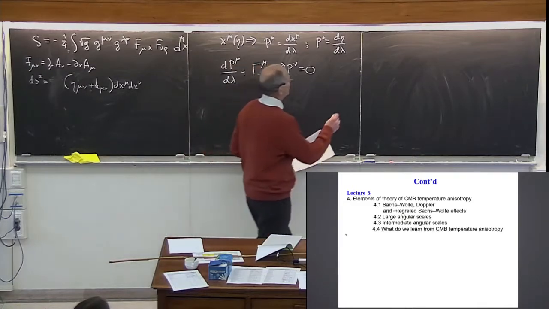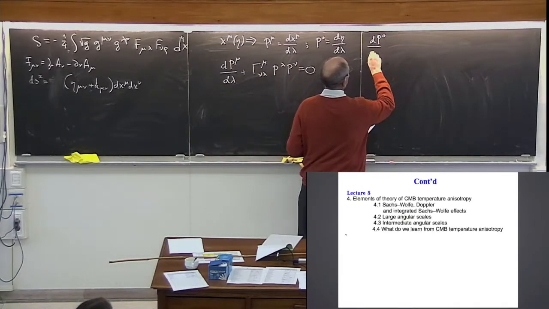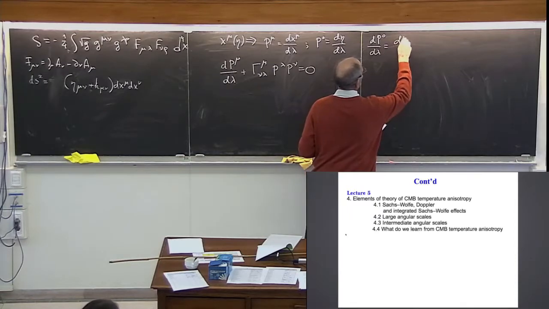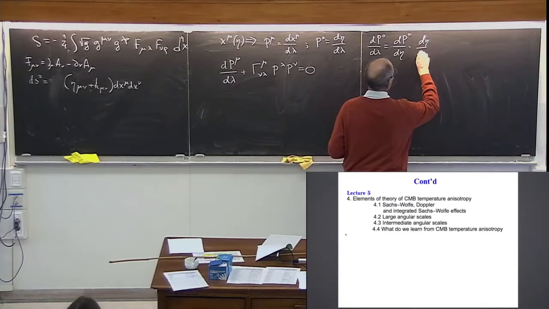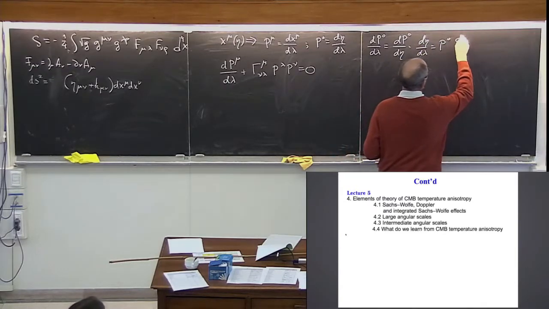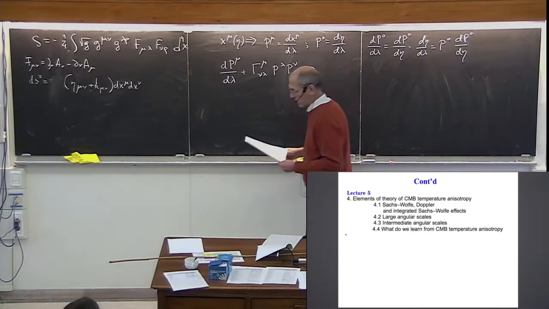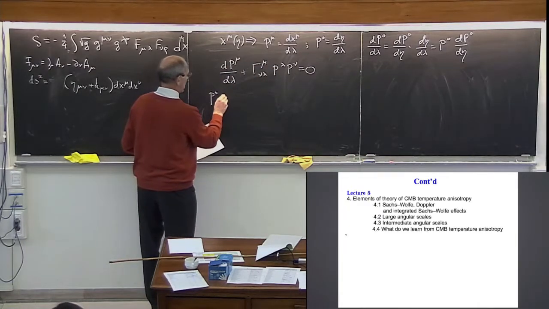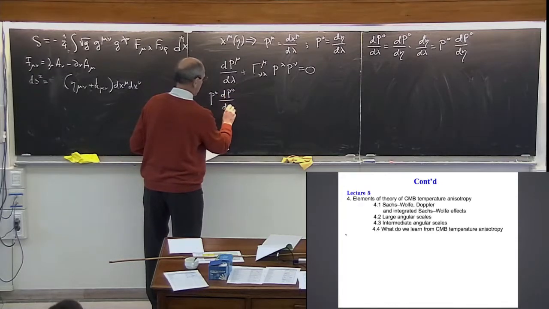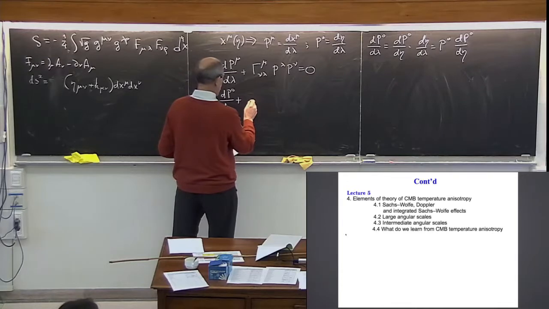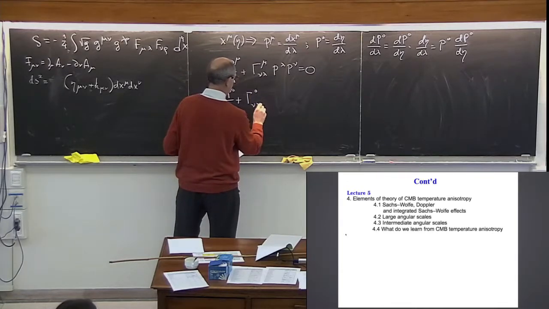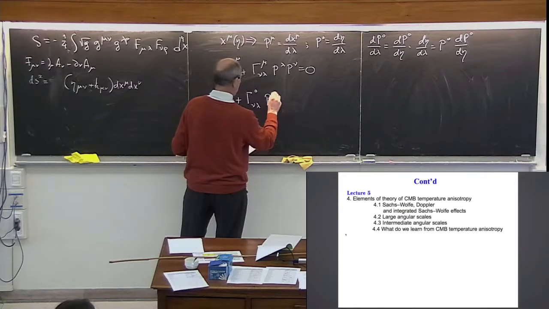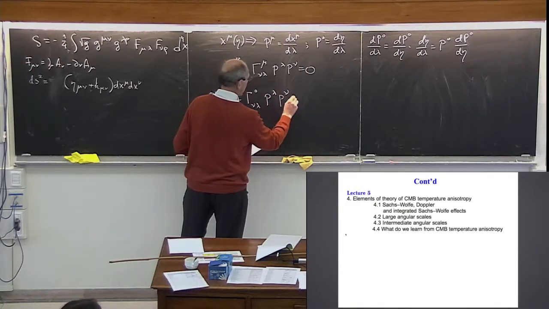And let me write that dp^0/dλ is dp^0/dη times dη/dλ, which is p^0 dp^0/dη, and I use this equation here for μ equals 0, so that I get p^0 dp^0/dη plus Γ^0_{λν} p^λ p^ν equals 0, okay?